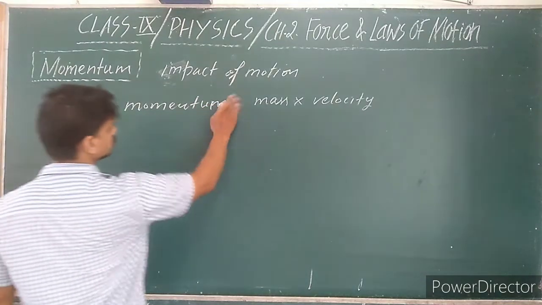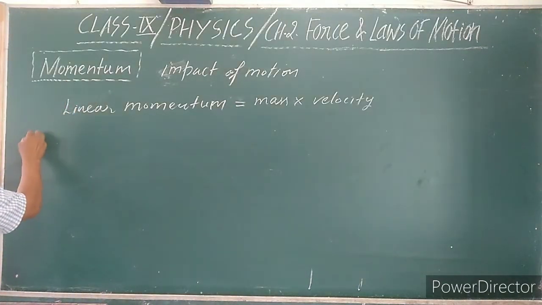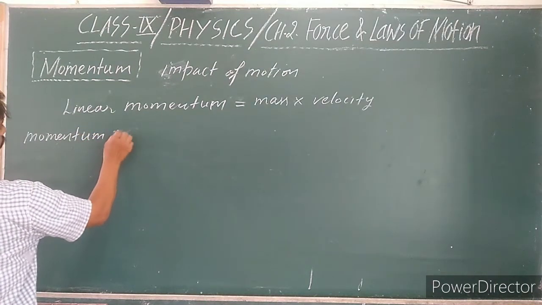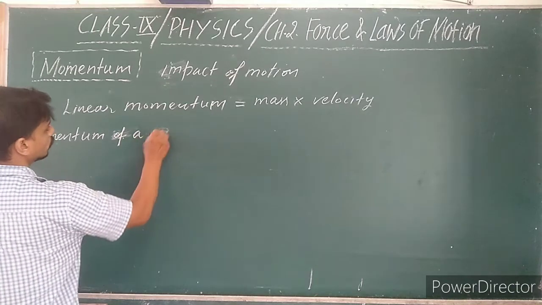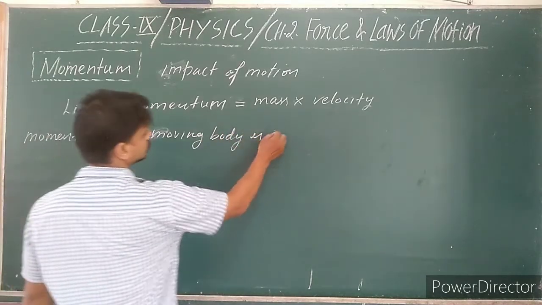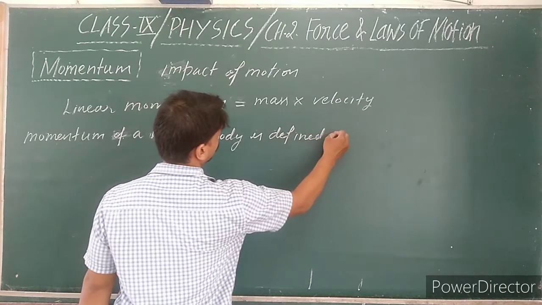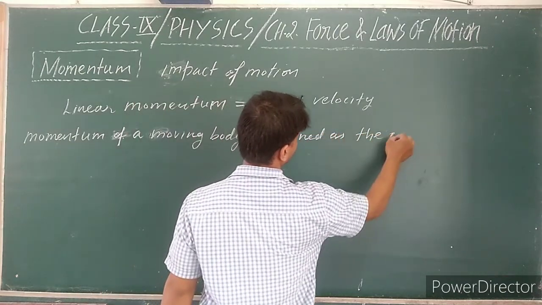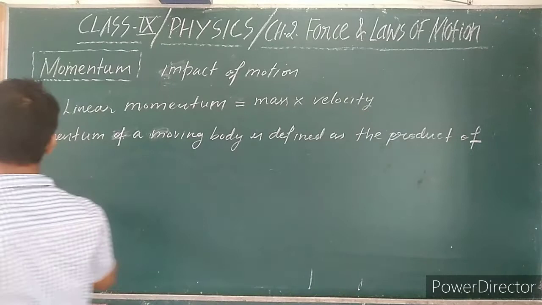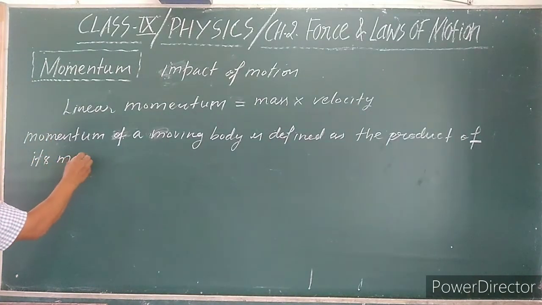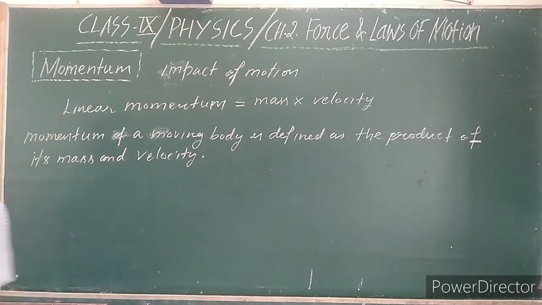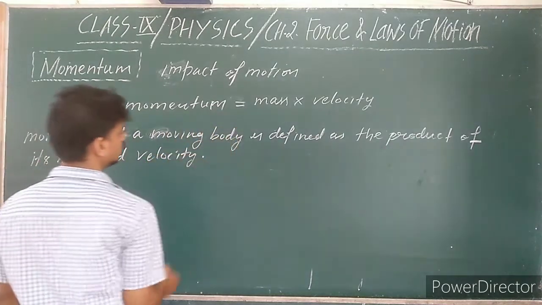Okay, so the definition can be written as: momentum or linear momentum of a moving body is defined as the product of its mass and velocity. So linear momentum is equal to mass into velocity.